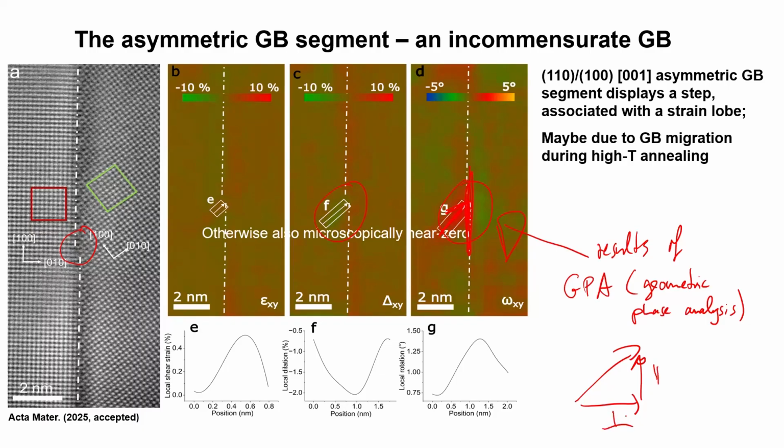And perpendicular is okay, because this is probably ineffective, because there is so much material on the other side that a small strain cannot really change structure. But in parallel means the boundary itself is not in equilibrium.